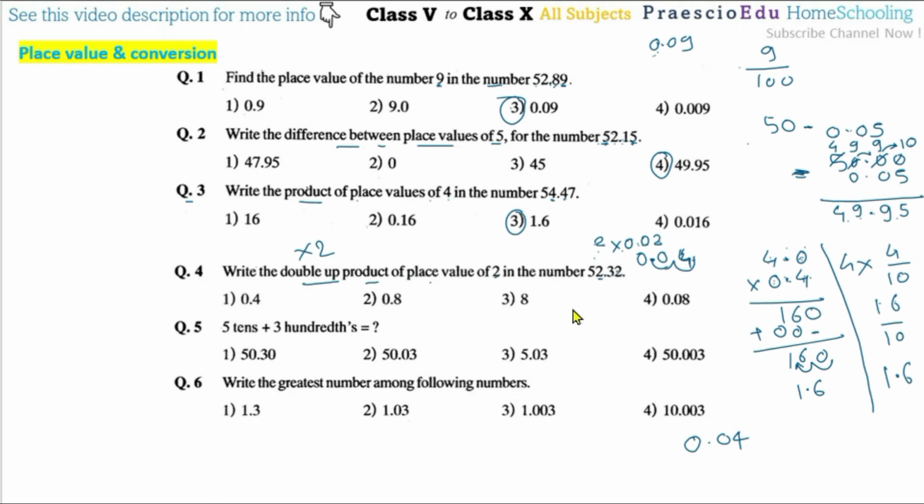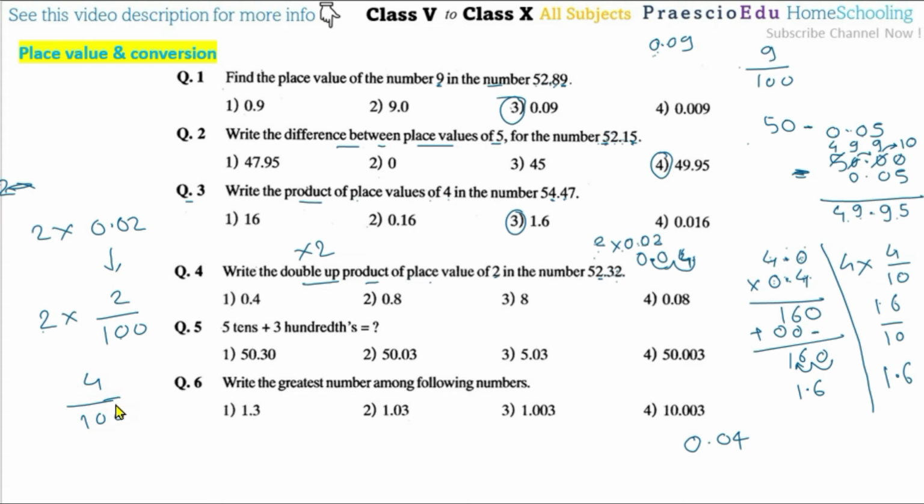This is the answer. Or we can say 2 multiplied by 0.02. This we can write in another format. So hundredths is there because this is the hundredths place. So 2 by 100. So 2 multiplied by 2 is 4, and 4 by 100 we can maintain like this.